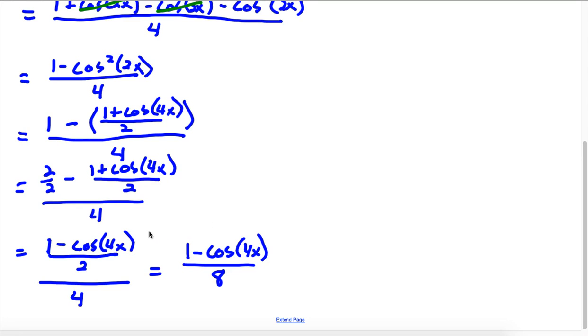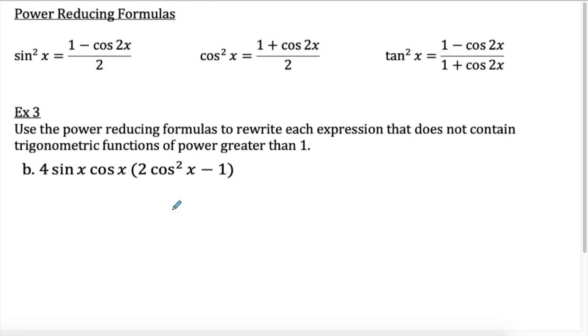So then let's try one more. Okay, let's try this: 4 sine of x cosine of x times 2 cosine squared of x minus 1. Well, I can see that this fits the pattern of one of my double angle formulas. 2 sine of x cosine of x is just equal to sine of 2x.